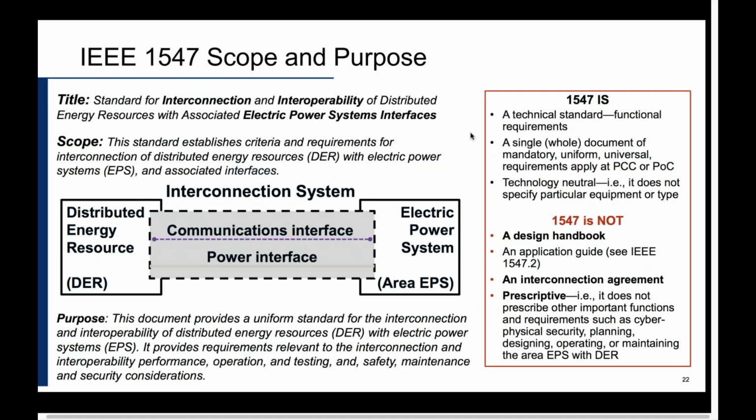So what is 1547? 1547 is a standard for interconnection and interoperability of DERs with associated electrical power system interfaces. 1547 governs all that happens between a DER and the local grid. 1547 is a standard which provides the requirements from a device, and it's not a design handbook or prescriptive.